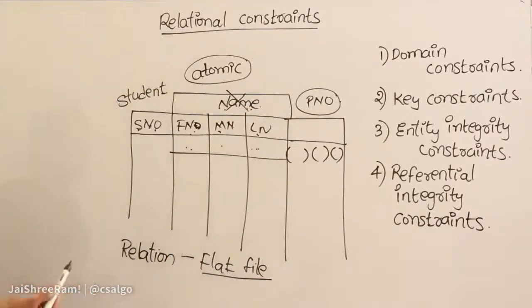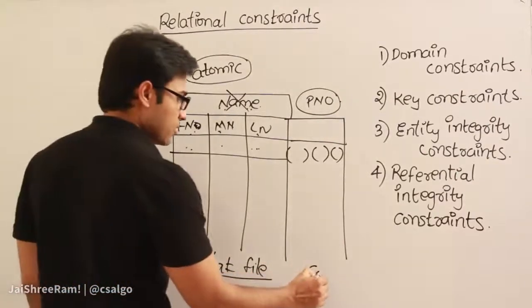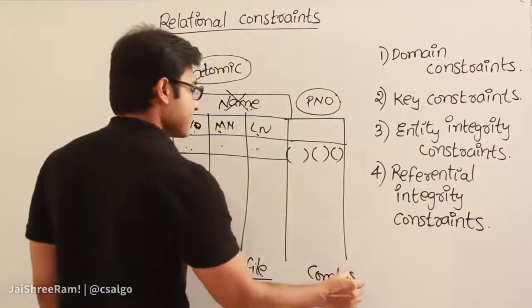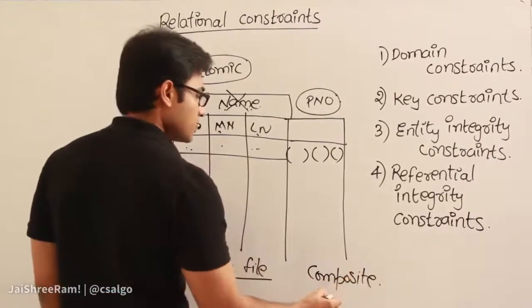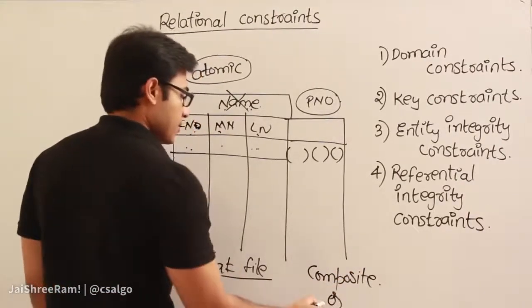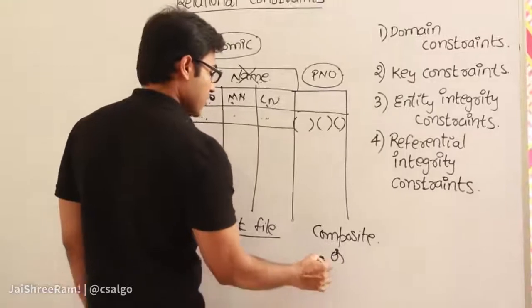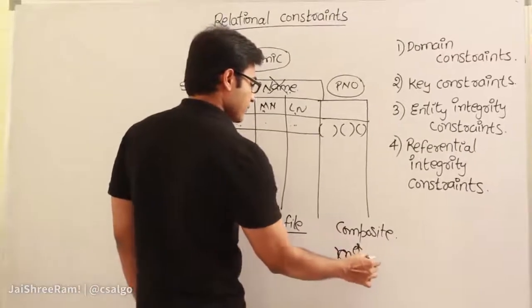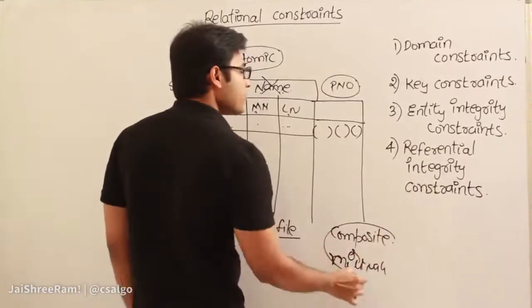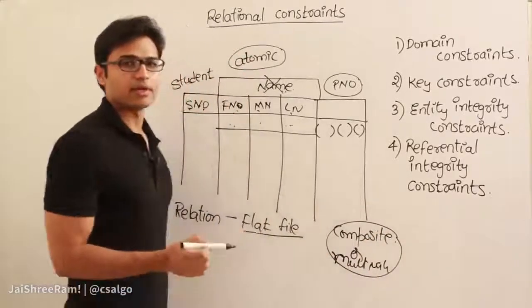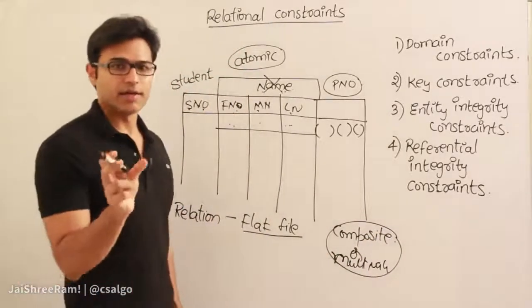So domain constraints say that we are not going to allow either composite attributes or multi-valued attributes into the domain. Everything that you insert has to be atomic, which means the smallest indivisible part.